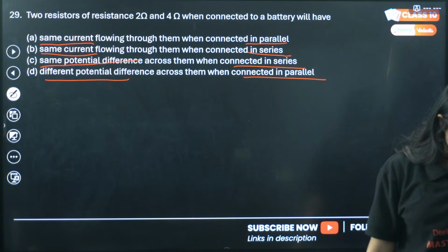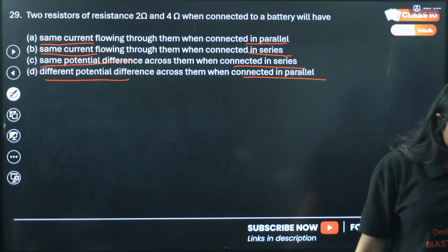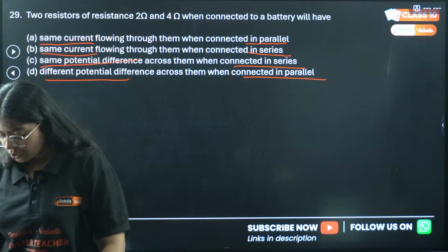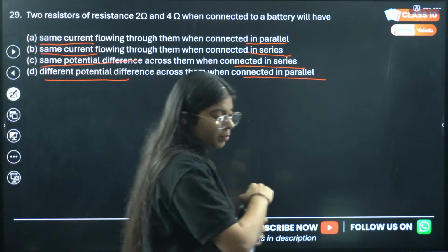Abhijit is saying the question is wrong. Which question is wrong, Abhijit? This one or the previous one?